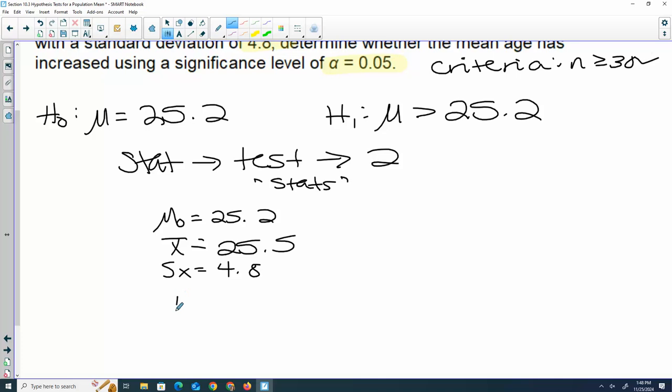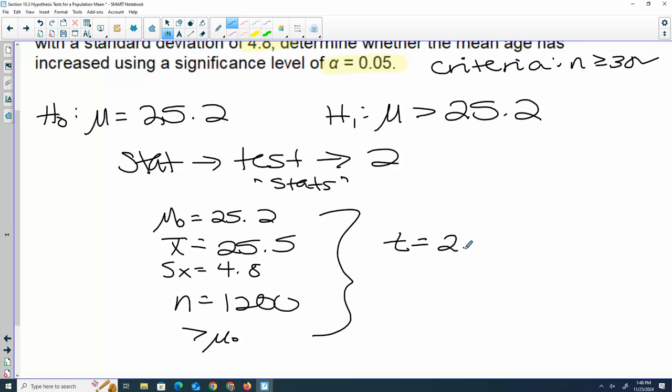Number, 1200. We are testing greater than. So if I select all of that, it tells me my T is 2.165. Probability is 0.015.